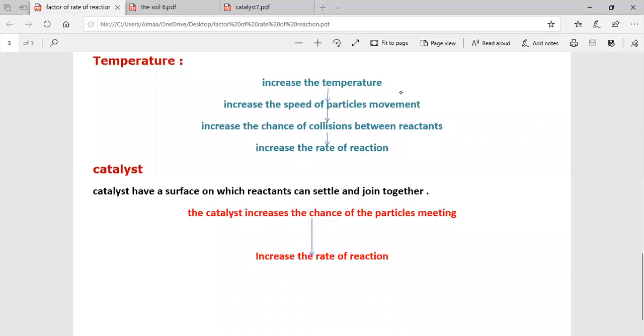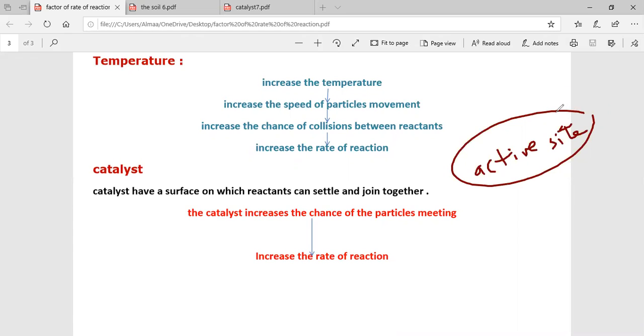A catalyst has a surface on which the reactants can settle and join to it. This specific area in the catalyst is called the active site. Active site.